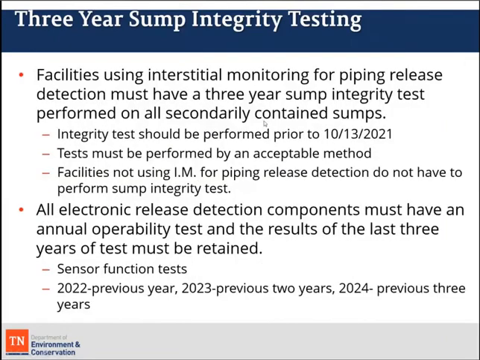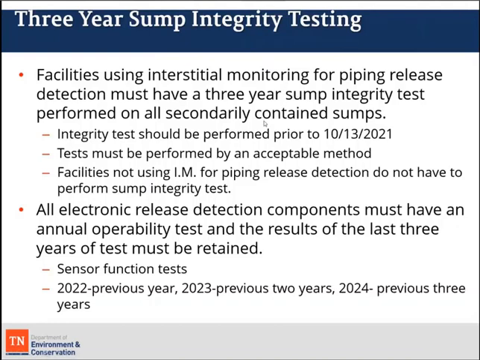I've gotten this question a lot, and it seems to be a very common misunderstanding that all facilities that have a containment sump have to perform this 3-year integrity sump testing. That is not true, and it goes back to what I spoke about earlier, where the sump is part of the release detection method, so therefore it has to be liquid tight.